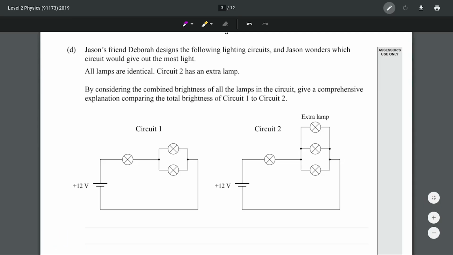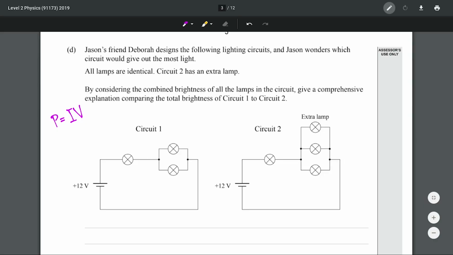By total brightness, I'm assuming they mean the amount of light put out by all of the lamps. And the amount of light put out by all the lamps is going to be characterized by the power usage of the circuit. And so, as we looked at before, power takes into account both the current and the voltage.